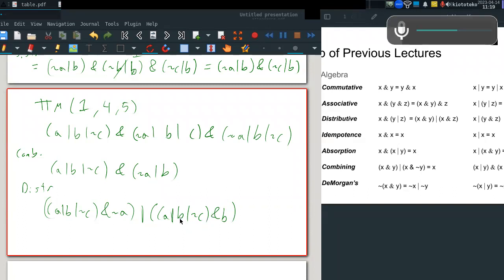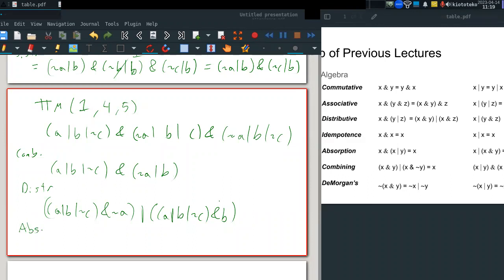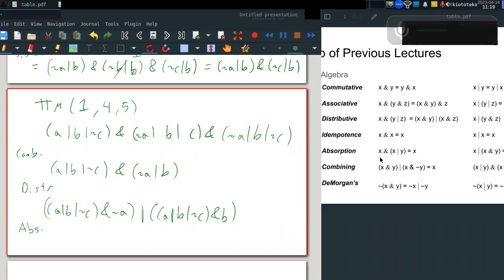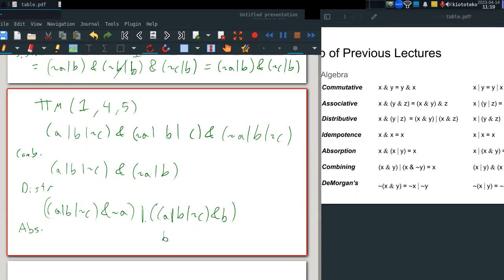So we have this, or we have this. Let's see, which can we use? Absorption. We can use absorption here because we have B and B or something else. So this should be B.